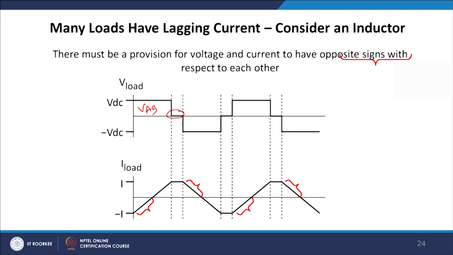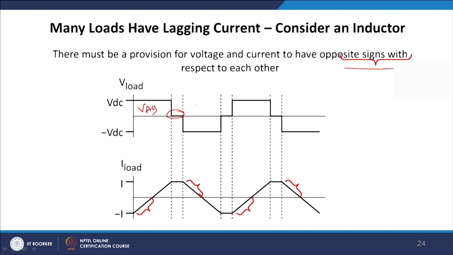So, what I want to say is that the opposite signs repeat each other. In this region voltage and current have the opposite sign with respect to each other. So, again in this region voltage and current are of opposite sign. So, what happened then?